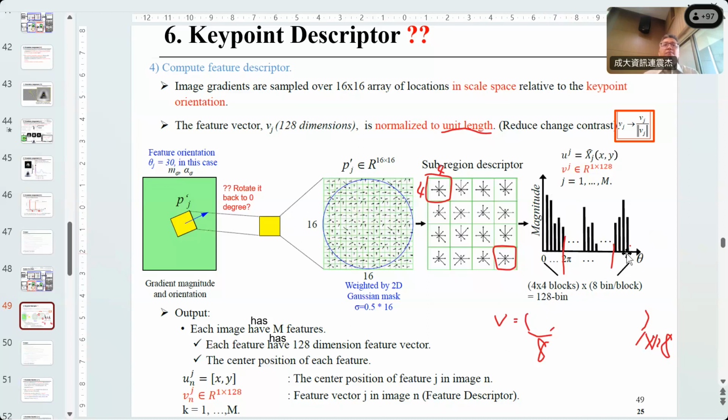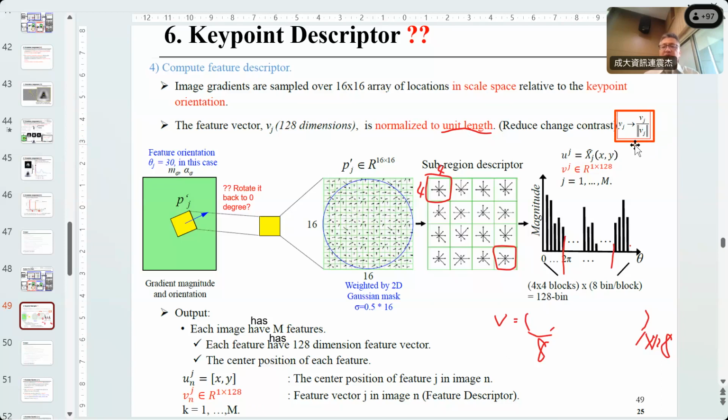A final step is, the descriptor here we call, suppose V. This V, we need to normalize to become a unit vector. So V should be divided by the total summation of this V, so it becomes a unit vector.